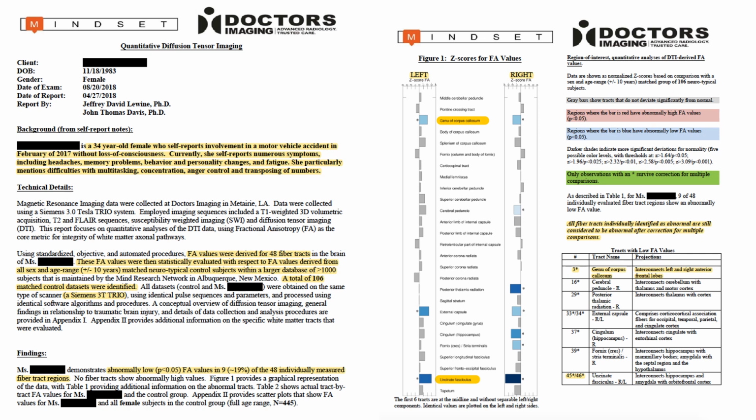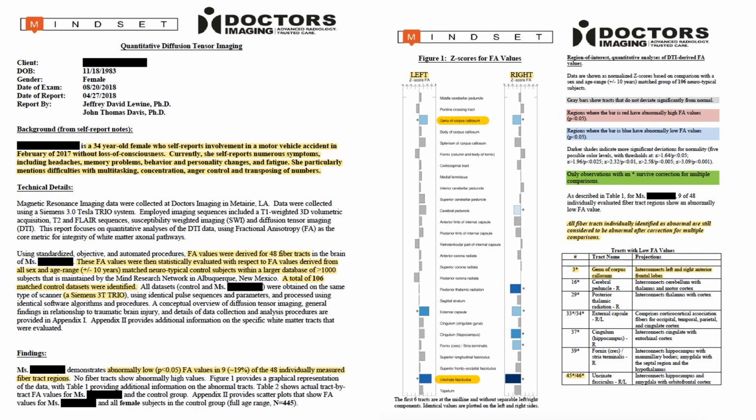Now I'll explain to you the graphics that we also submit in the report on these 2 pages. First, note that we have 106 matched controlled data sets that we've identified for a control group. That's out of approximately 1,500 that we have available. So we have the largest control group available.